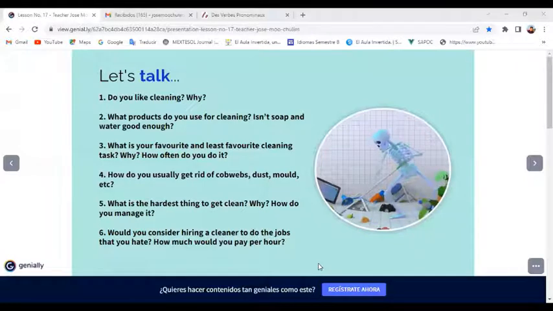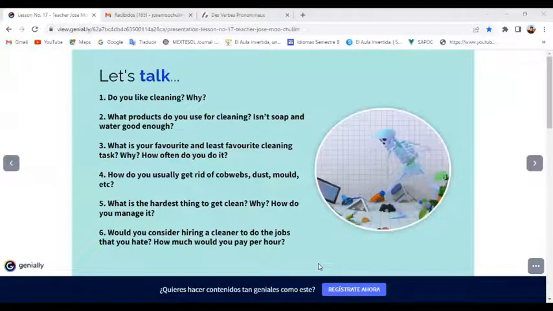And the same question for Alejandro, please. What products do you use for cleaning? Product or article in this case? The same, the soap, water, a broom, and a mop. A mop, okay. Anything else? Well, some products to put in the water or something like that.